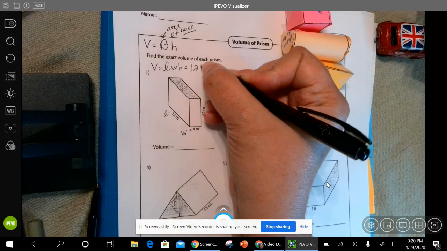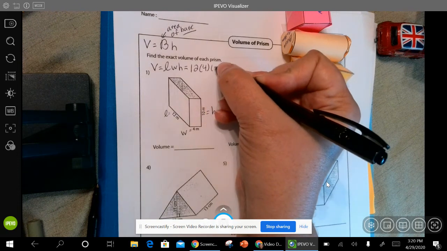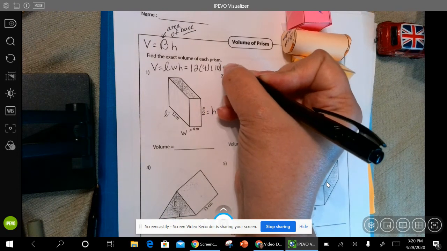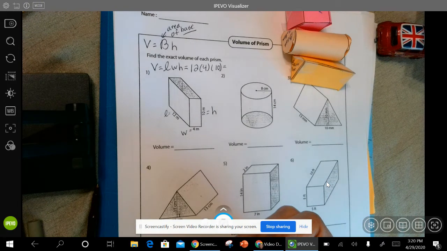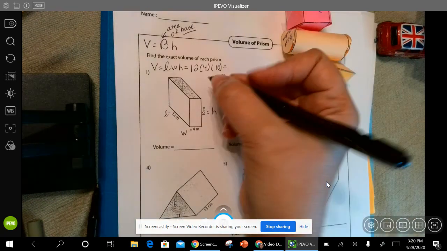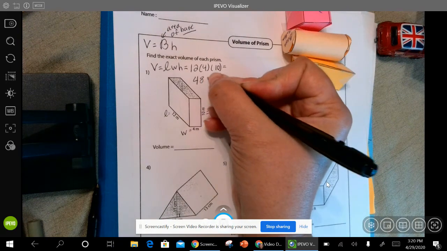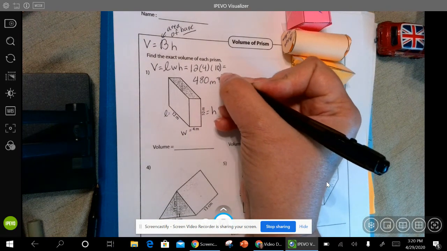So 12 times 4 times 10. So everybody multiply all those together, and it's going to be 480 meters cubed.